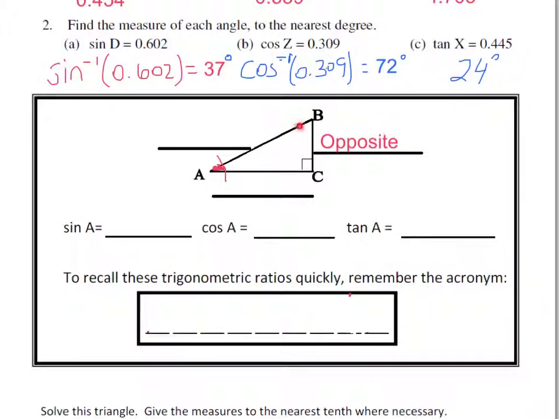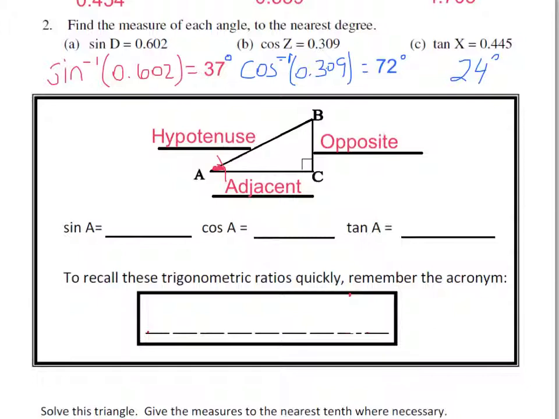So BC is opposite to angle A. That means that AC is the adjacent side, and always the side across from the 90-degree angle, the longest side, is called the hypotenuse.